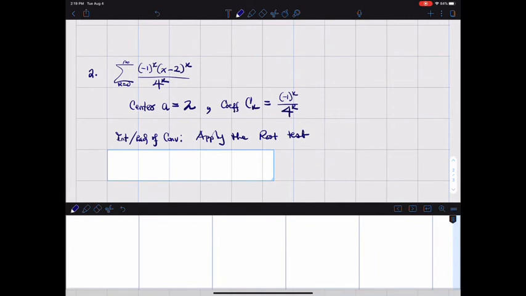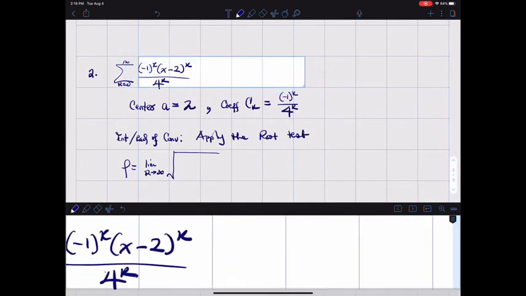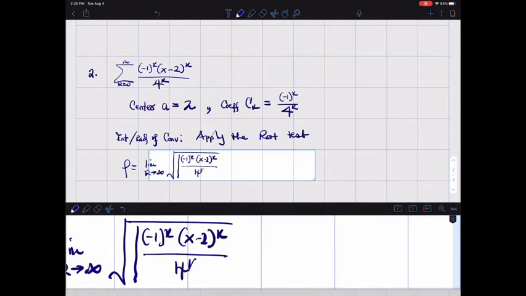All right, to apply the root test, rho is the limit as k goes to infinity of the k-th root of our a k. Our a k in this case is just this whole thing. So negative 1 to the power of k. Remember, we're going for absolute convergence, so we have to take the absolute value of this whole thing. x minus 2 to the power of k over 4 to the power of k.